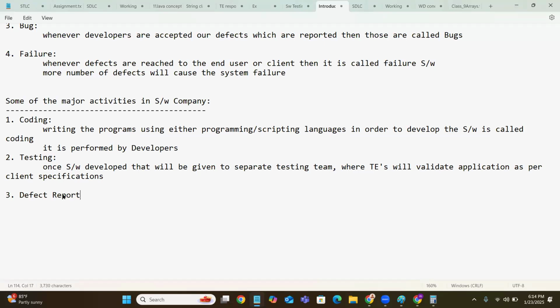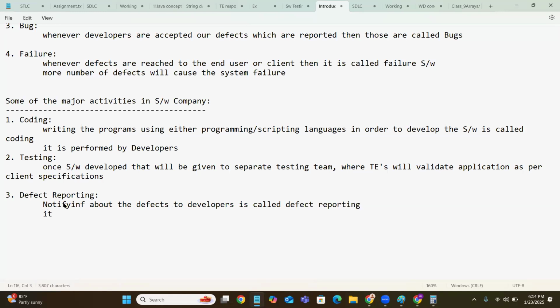Defect reporting means notifying the developers about the defects. Who is going to perform it?